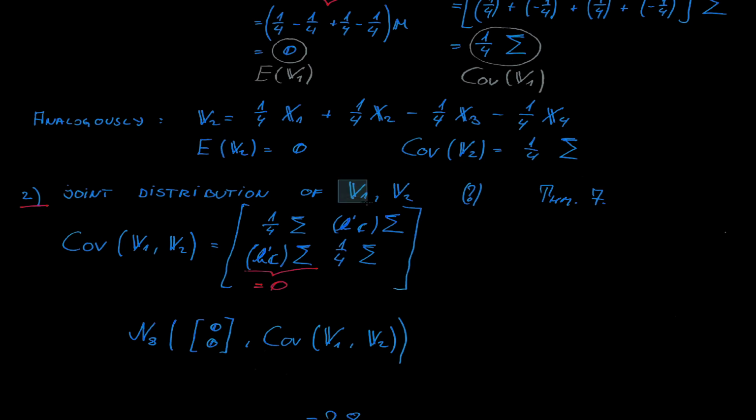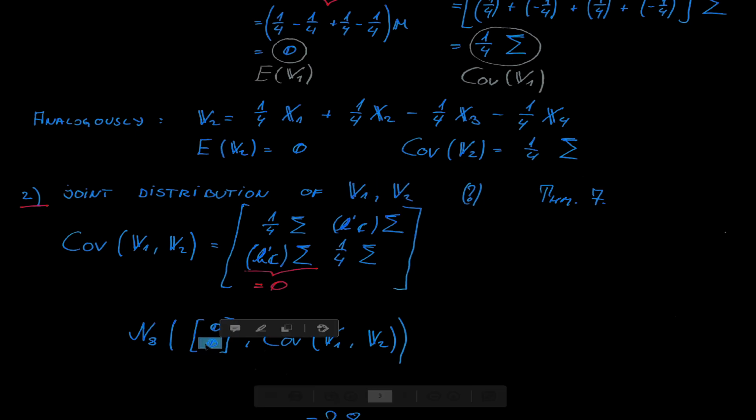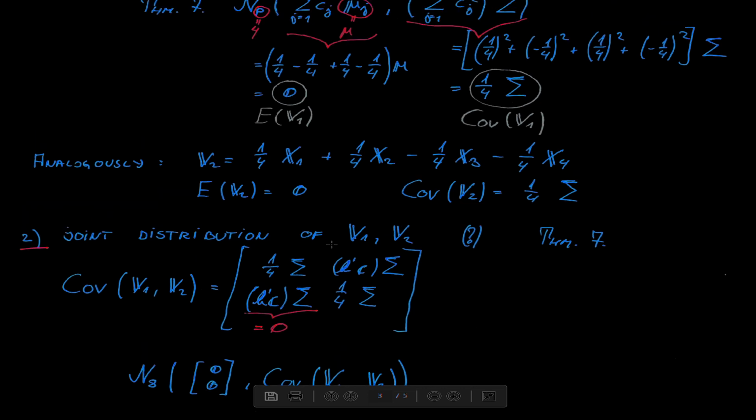The mean vector can be obtained easily because we know the means of v1 and v2 are 0 vectors. So this vector is actually 2 0 vectors of the same dimension.